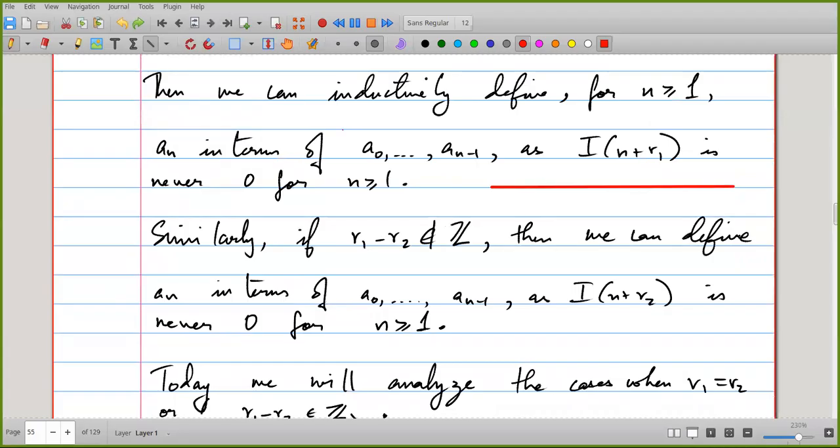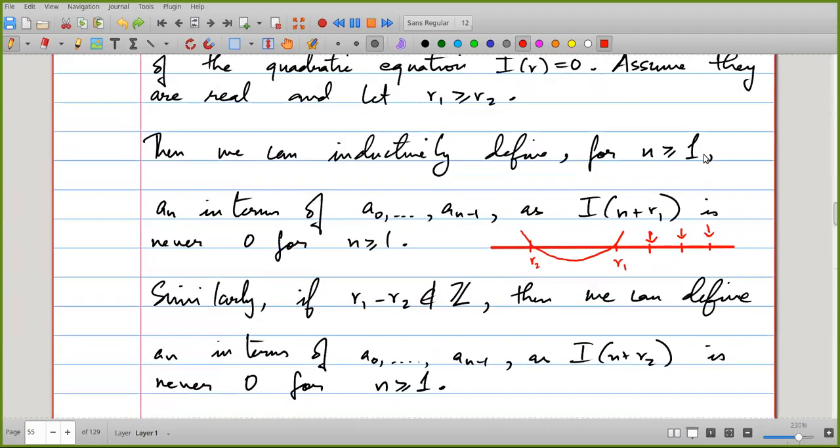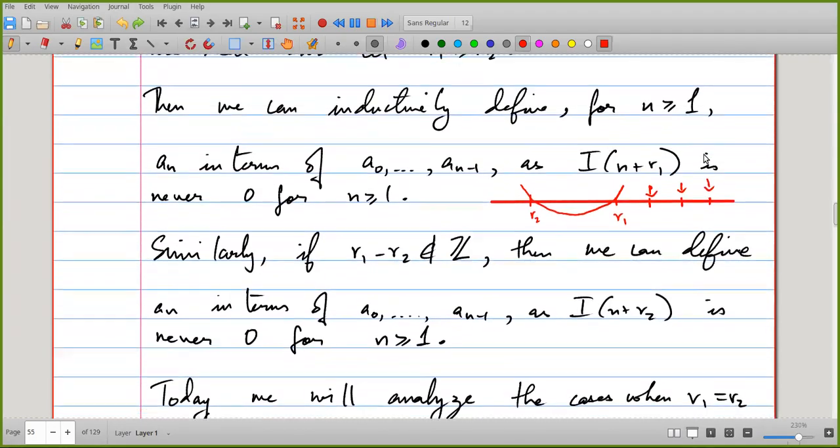We have the real line, and let's say r2 is somewhere here and r1 is somewhere here, and I of 1 plus r1 is here, I of 2 plus r1 is here, I of 3 plus r1 is here, and this is a quadratic equation, so its graph looks something like this, right? And so it's never going to vanish at these points. So therefore all the a_n will be defined. So we can find one solution like this.